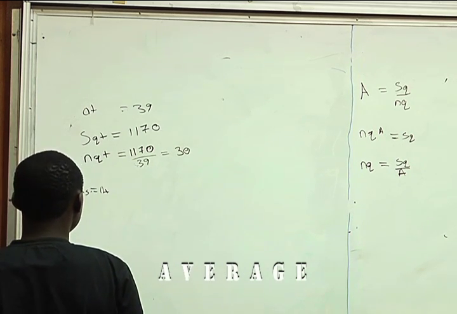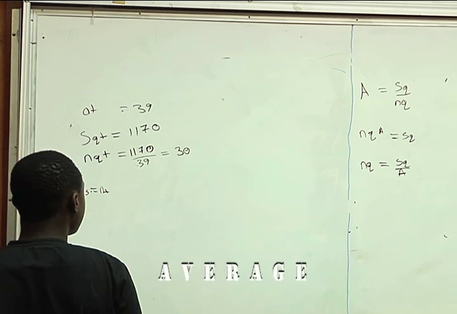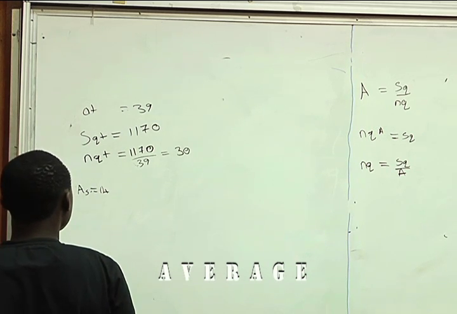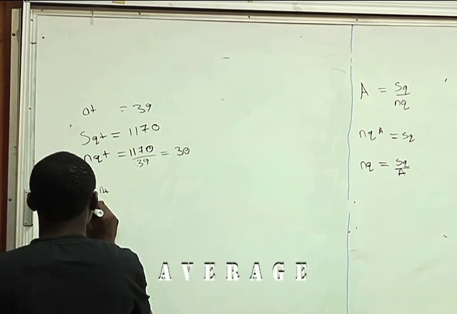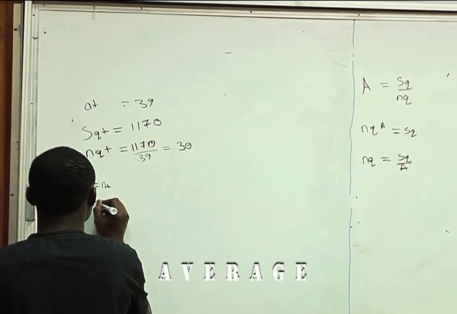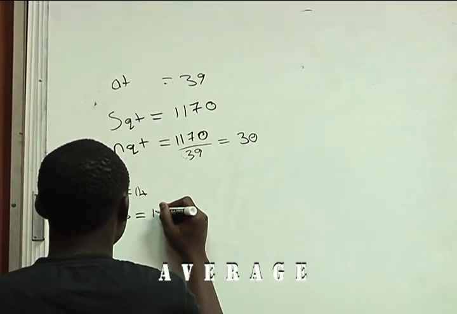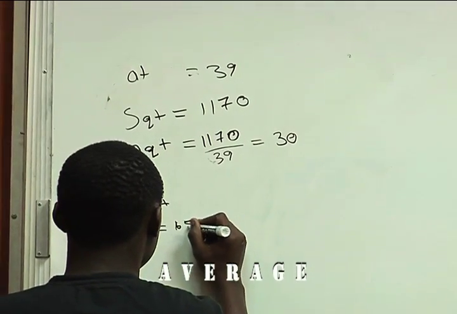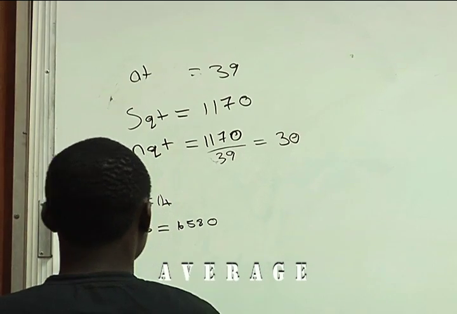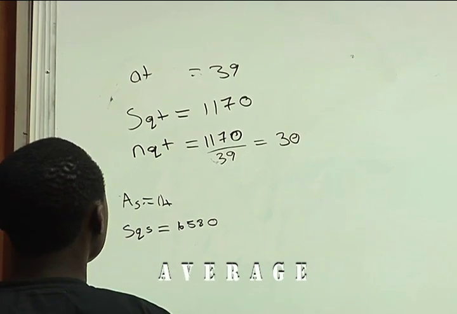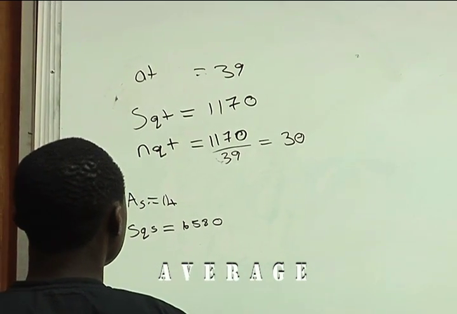What's the total age? NQ or SQ? Yes, so SQ student equal 6580. So therefore, what is NQ student?